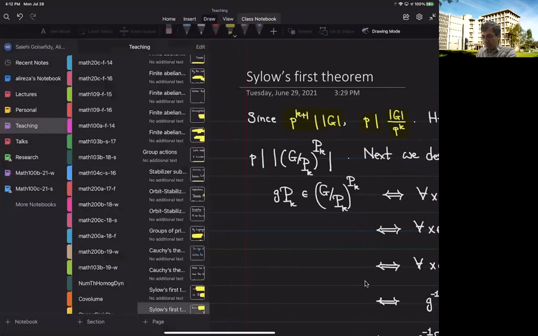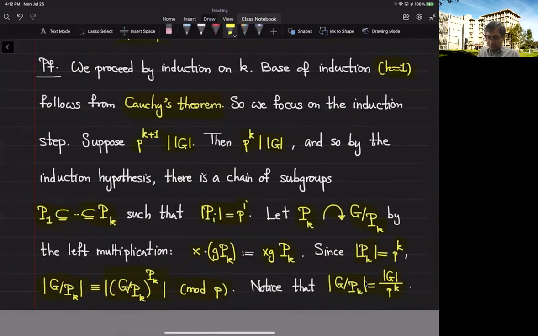So why did we care about this? Because I care about this congruence relation, and we just said that this side mod p is 0. So the other side mod p should be 0. That means the number of fixed points of P sub k needs to be a multiple of p.